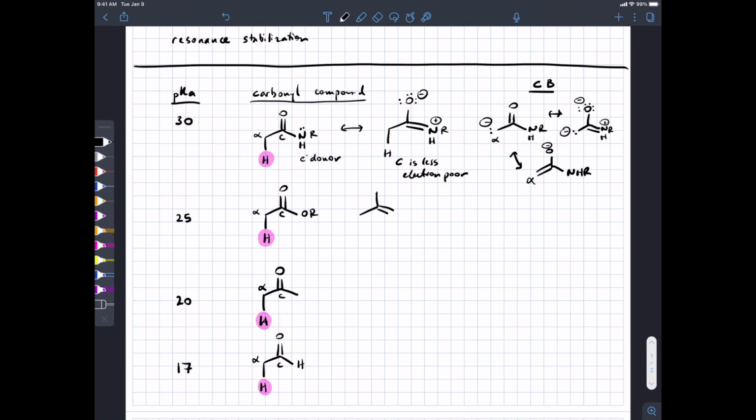So you can draw a resonance structure where lone pairs on the ester oxygen donate into the carbonyl and put a negative charge on the oxygen. Doing that makes the alpha proton less acidic, and to see why, again, we can think of these three resonance structures and consider how good each of them are.